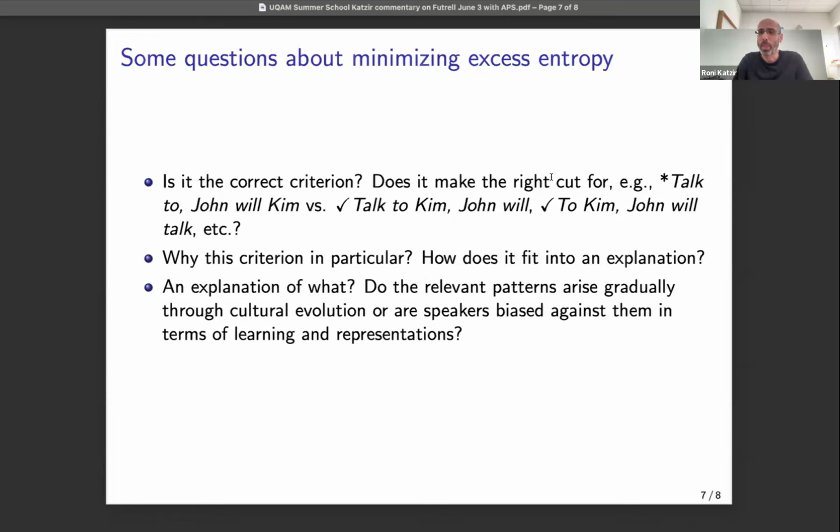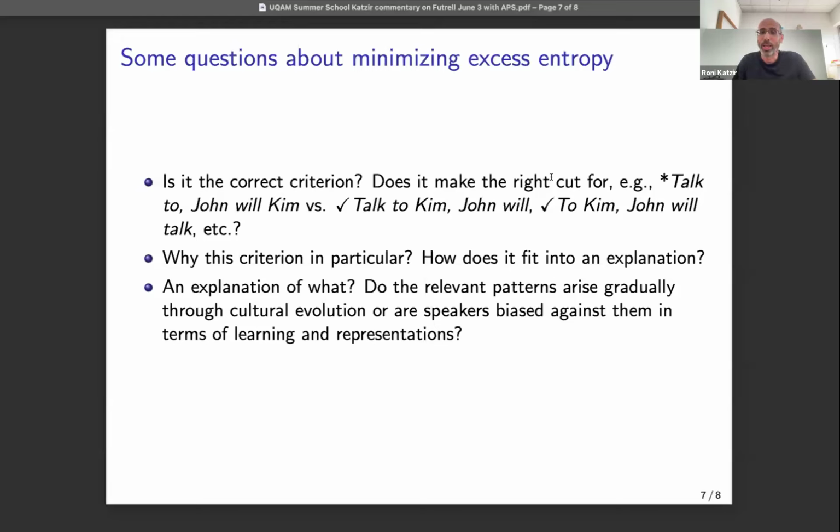And I think more crucially, how do they fit into an explanation exactly? So do they factor into processing, into learning? Do they shape the evolution, the biological evolution that gives us the language that we have? There are all kinds of different possibilities, and I think those are things that would be very interesting for me, for many people, I think, to understand.